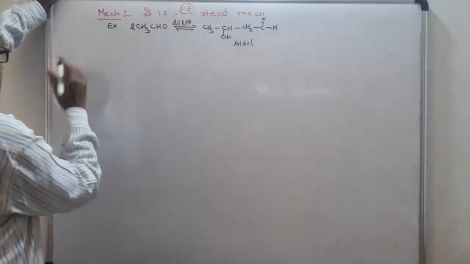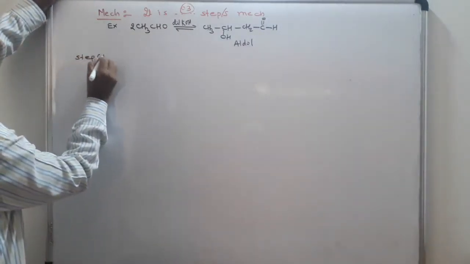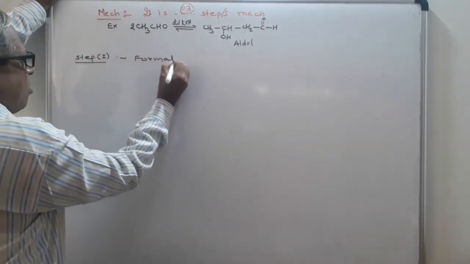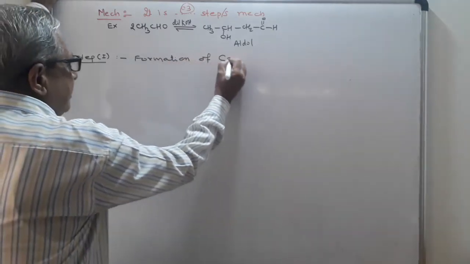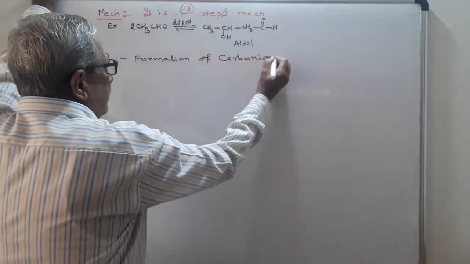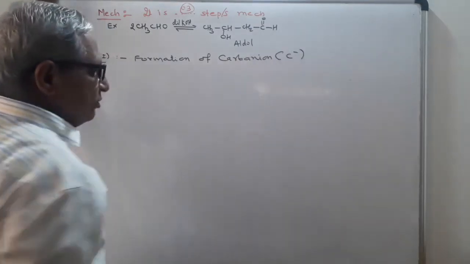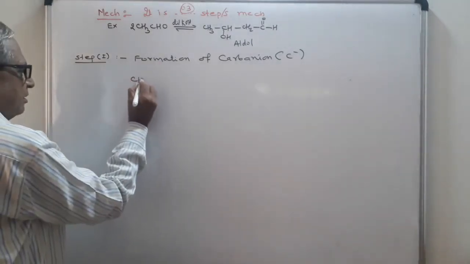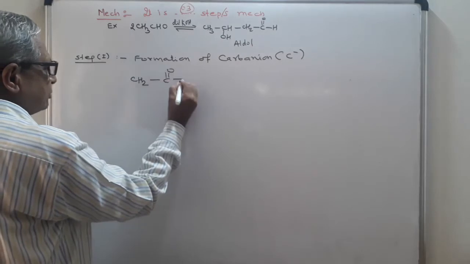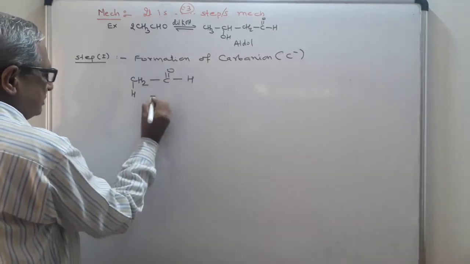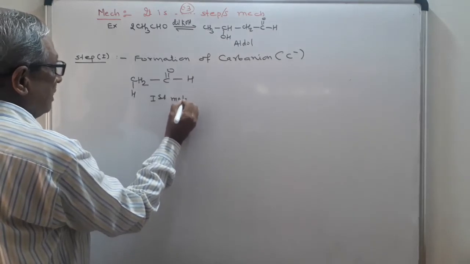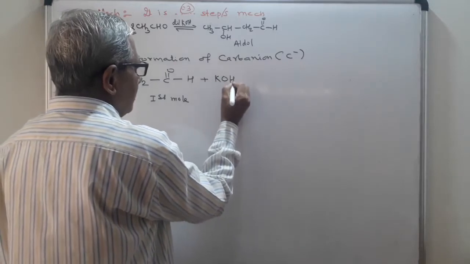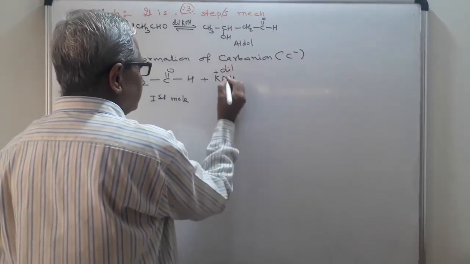Now see here, step first. Step first is formation of carbanion. Carbanion means carbon carrying a negative charge. Now see here, you take the first molecule of aldehyde, CH3CHO. This is the first molecule. We are using two molecules. You do the reaction with dilute KOH, K plus OH minus.